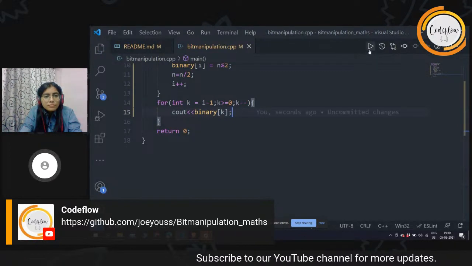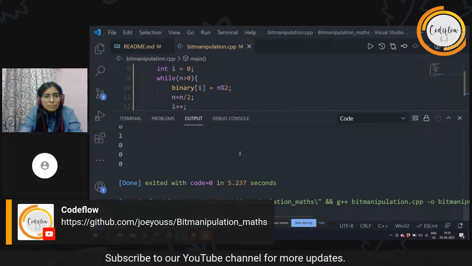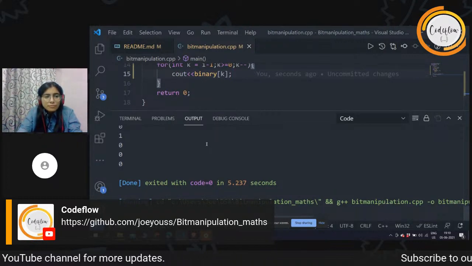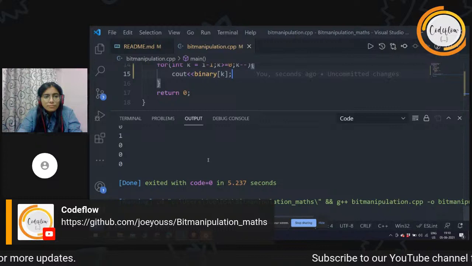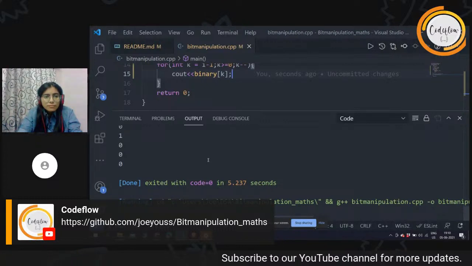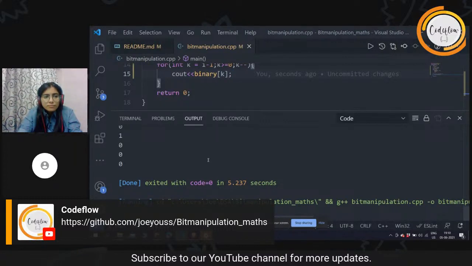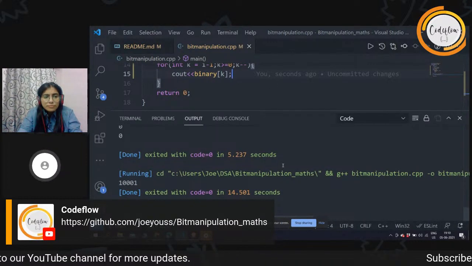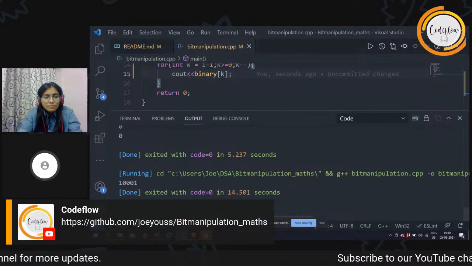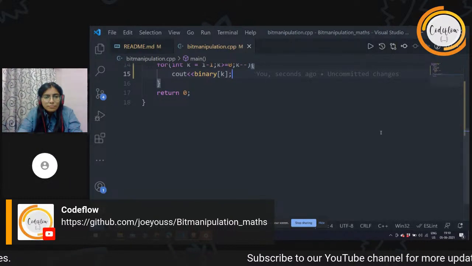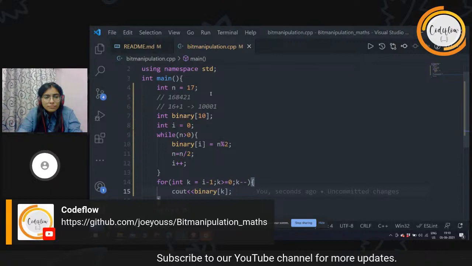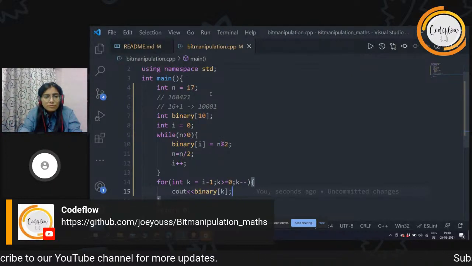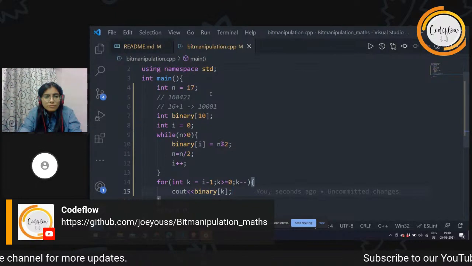So let's try running it. Okay, works, right? We have 17, we have converted it into binary. So I hope this was a very basic insight into how everything can be converted from decimal to binary.